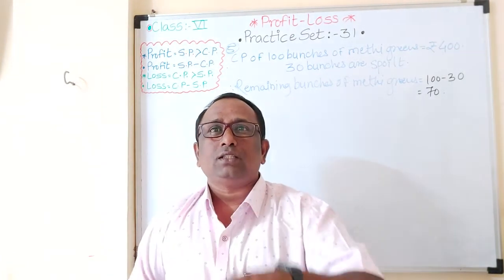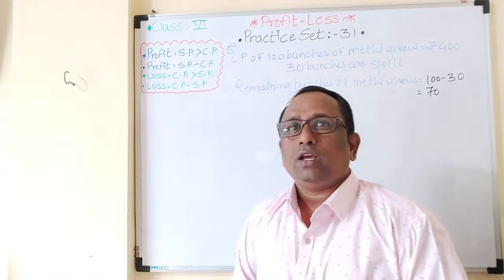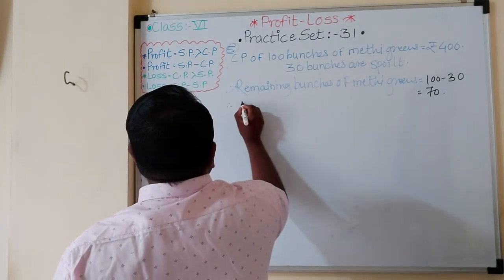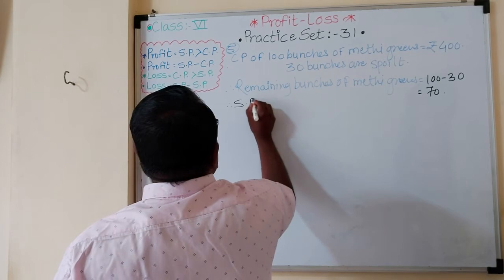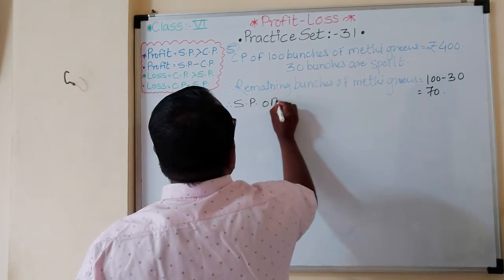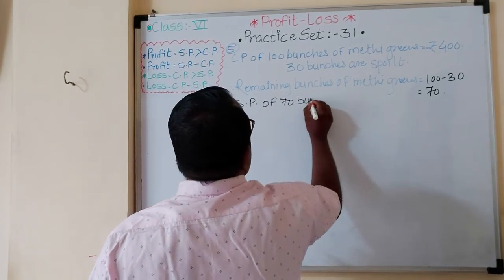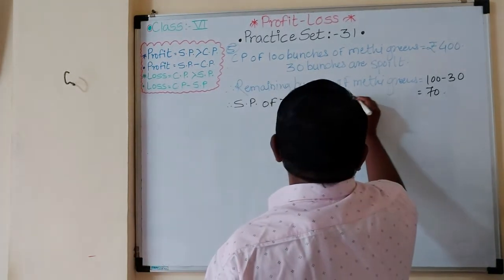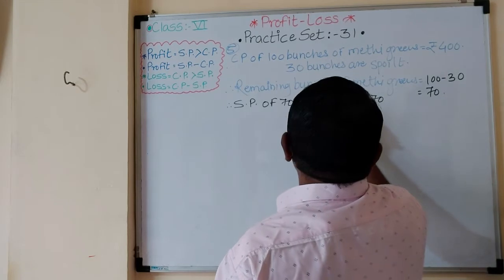So we have to find the selling price of 70 bunches, which is equal to 5 multiplied by 70.